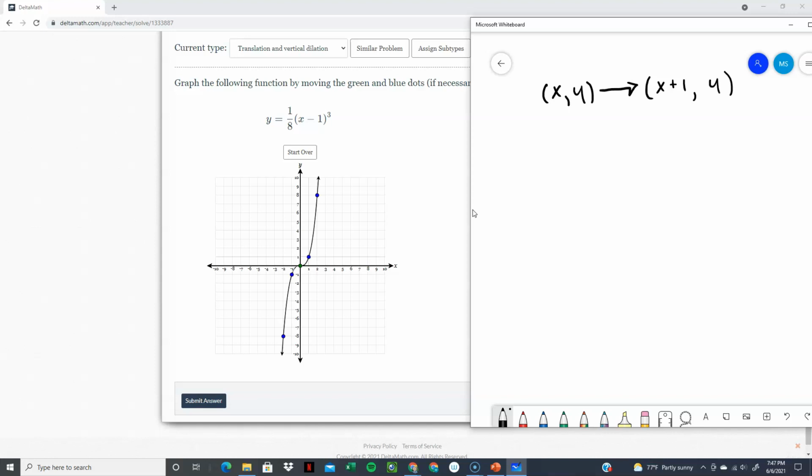If you look at the table on that column, it says f of x minus c, horizontal translation right c units, and it says (x, y) goes to (x plus c, y), so we add 1 to our x value. And then the other thing that we would do for this problem is we have this 1/8 here, so that is vertical compression, and that value, that 1/8, we multiply our y value by.